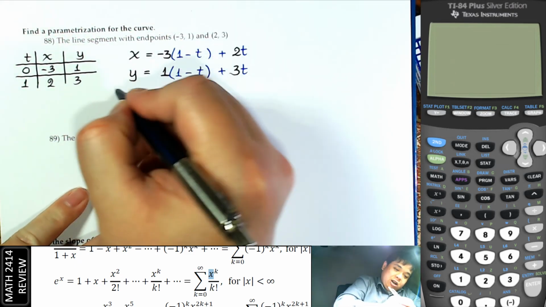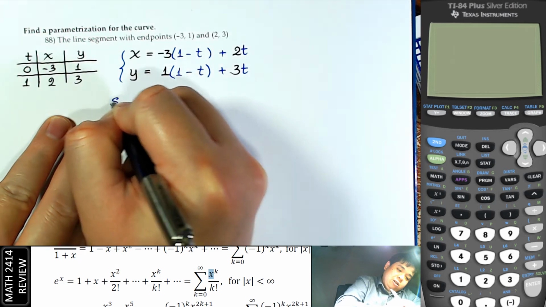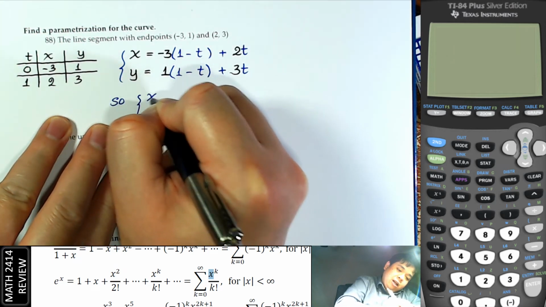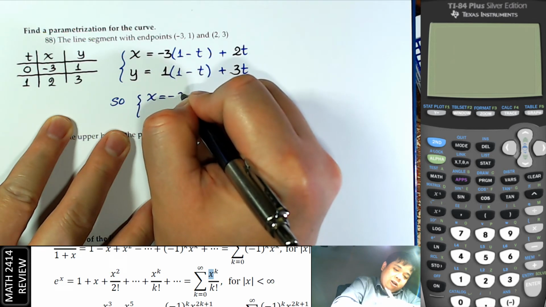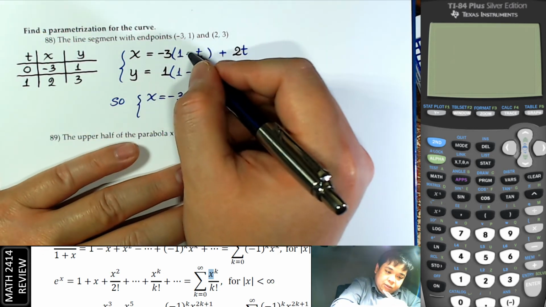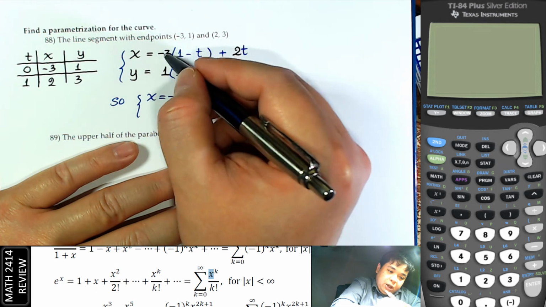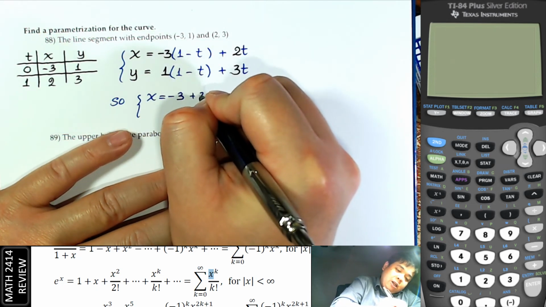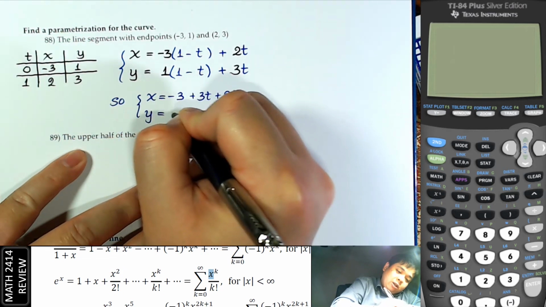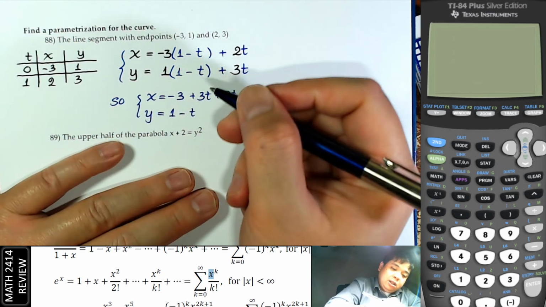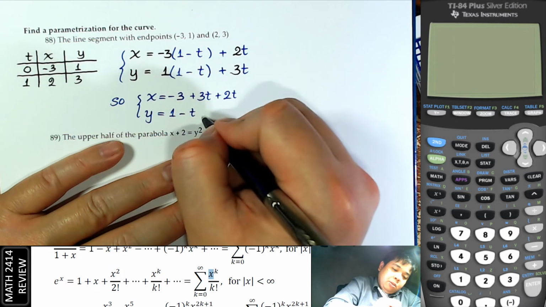And so I rewrite x equals negative 3 times 1 minus t plus 2t, y is 1 minus t plus 3t.